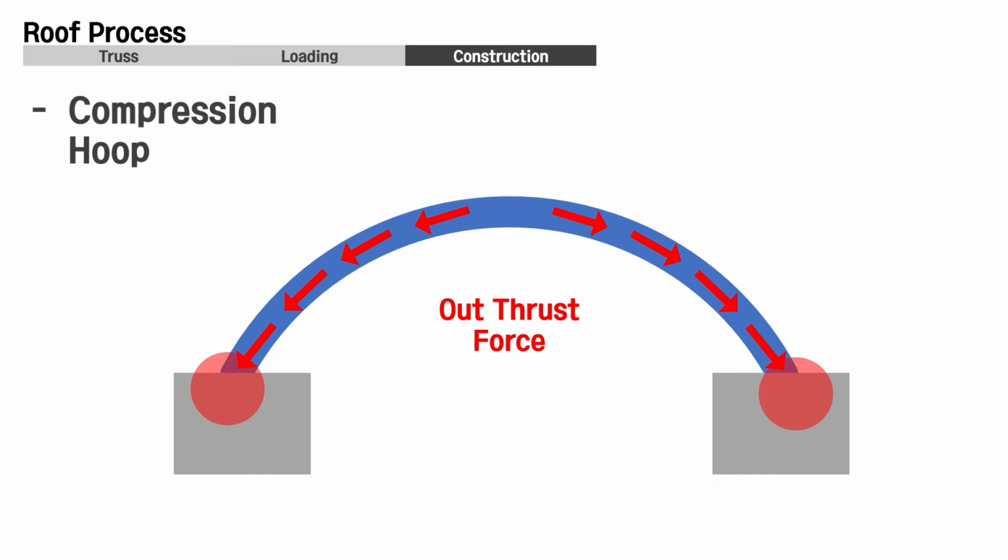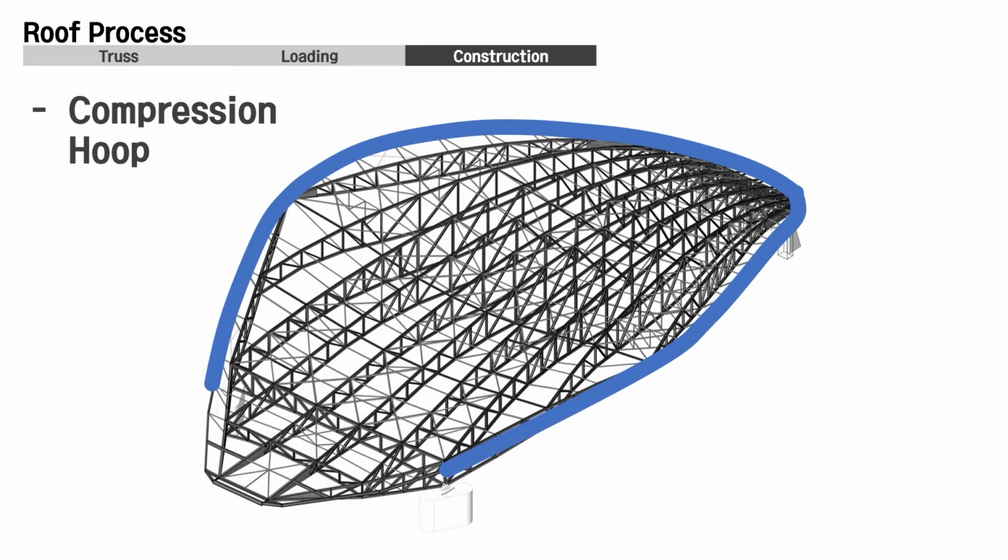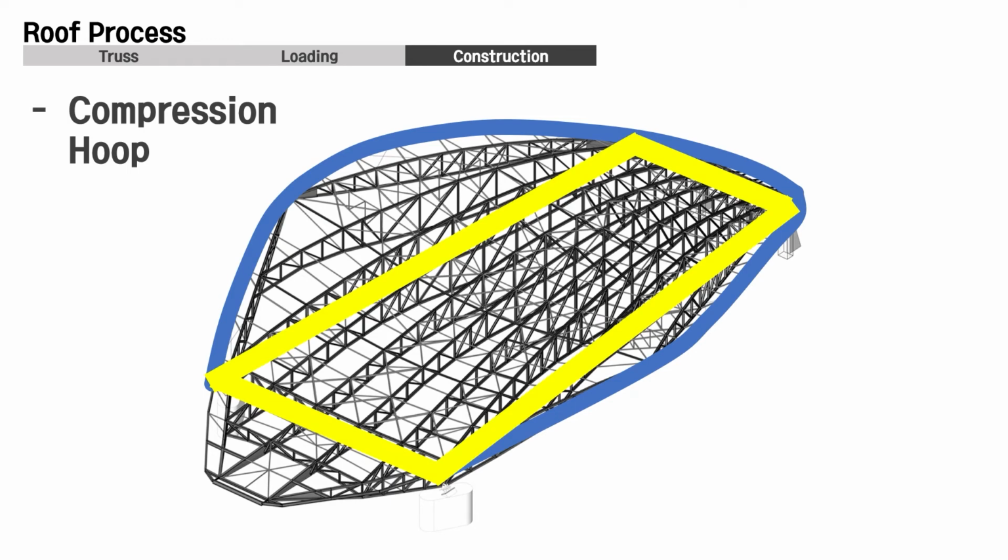But it can be resolved by the compression hoop because the hoop picks up the outthrust force and prevents deformation of the supports. So, the compression hoop is installed at the southern and northern ends that support the arch trusses.